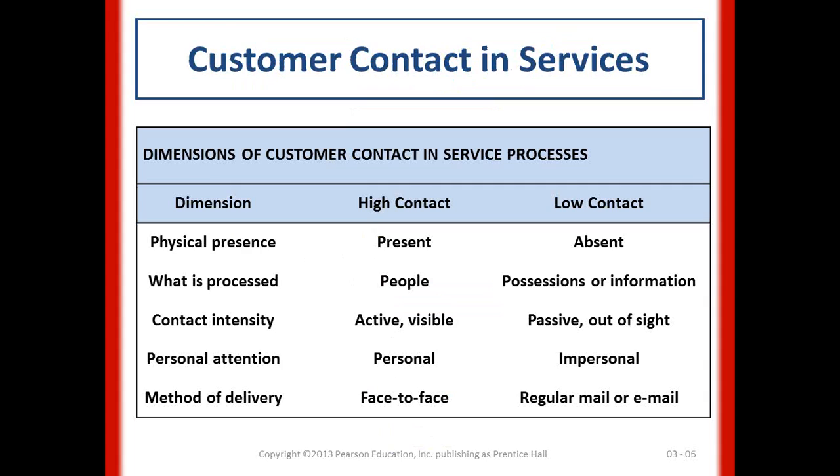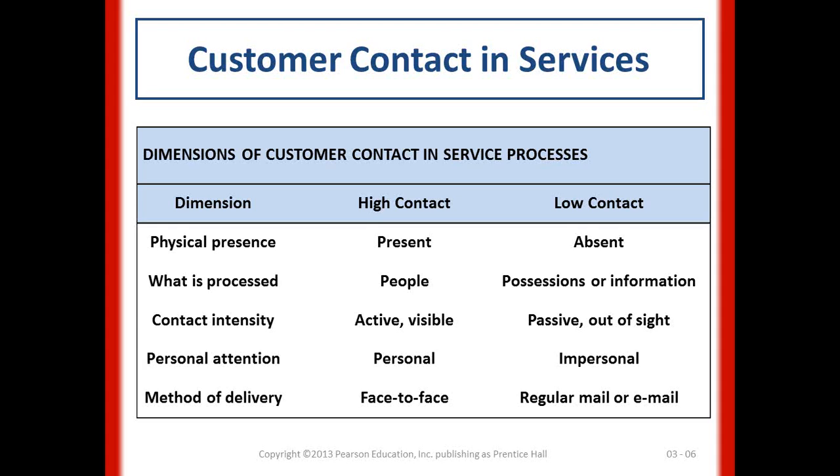So I talked about customer contact. When we talk about a service process, you have to be present, because if you're not there, the customer doesn't feel like they're getting good service. So usually it should have a high amount of contact. If you go to a doctor's office, it has people that are being processed. And then you have contact intensity.